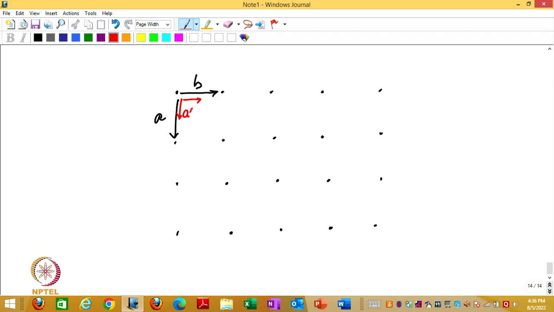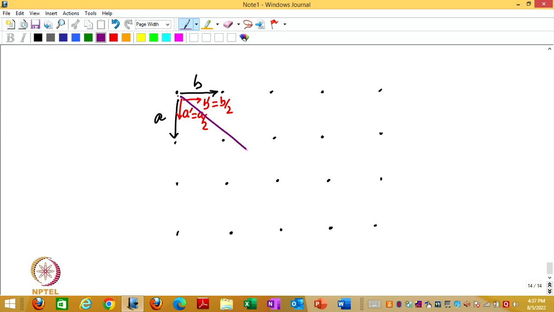Let me call them A prime and B prime. So, can I not select A prime and B prime as my basis vector? What will happen if I select A prime and B prime?